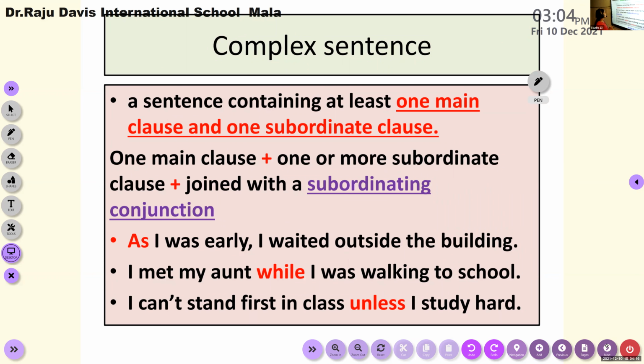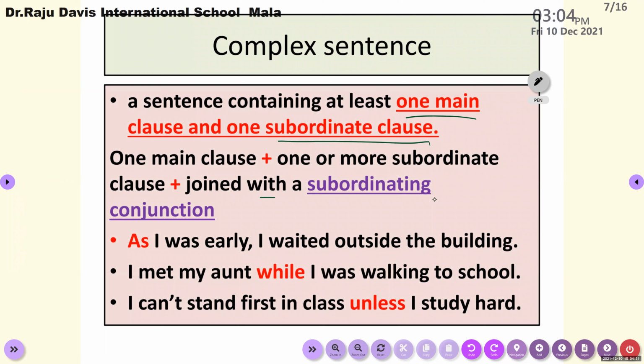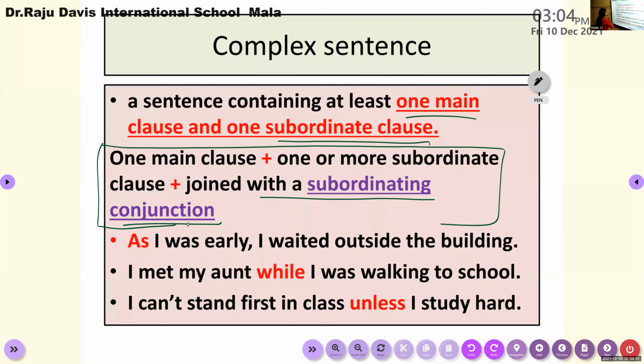According to the grammarians, a complex sentence is a sentence which has only one main clause and it should have a subordinate clause in it. And the subordinate clause should be connected to the main clause with the help of a subordinating conjunction. So I request everybody to put this one in a square box. This will help you to identify a sentence written in complex.